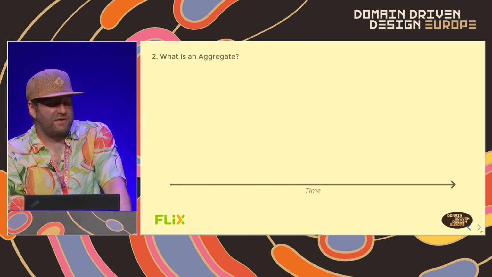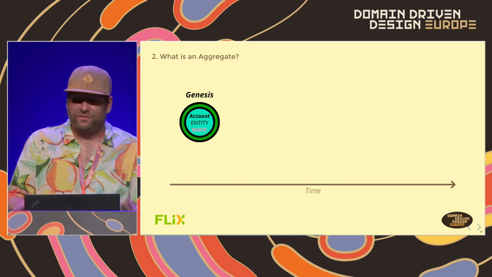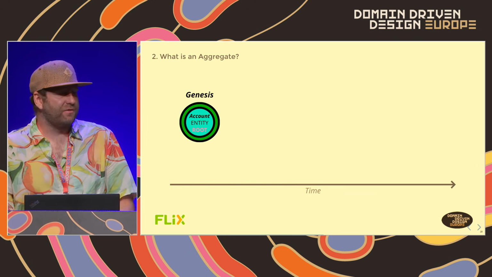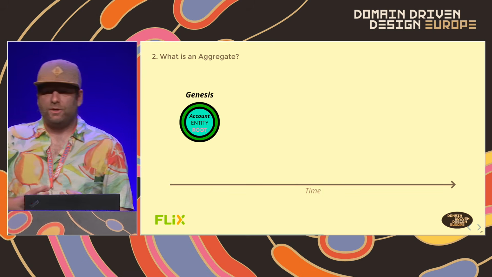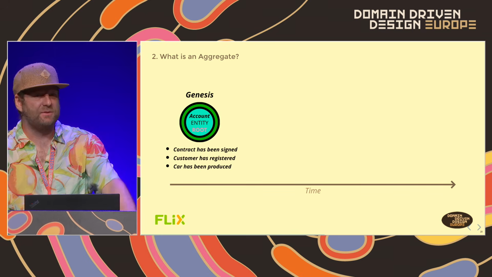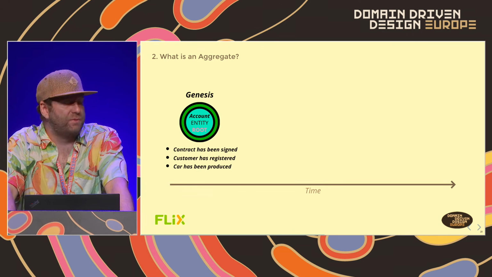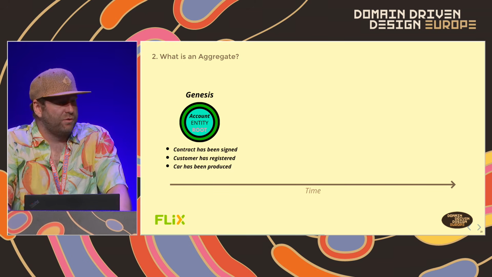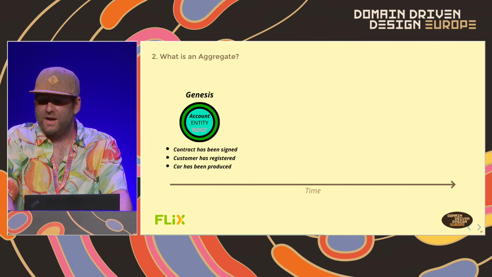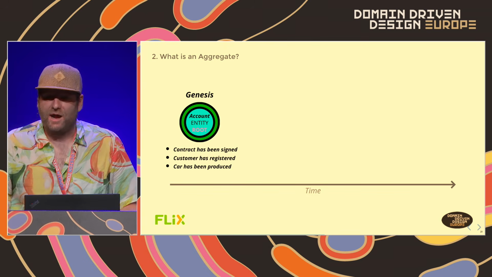And at some point, there's a genesis of this thing. This thing is created somehow. And this creation is driven by the domain. So it could be that a contract has been signed, or a customer has registered, or a car has been produced, right? So there is something in the domain that triggers this kind of birth of an aggregate.